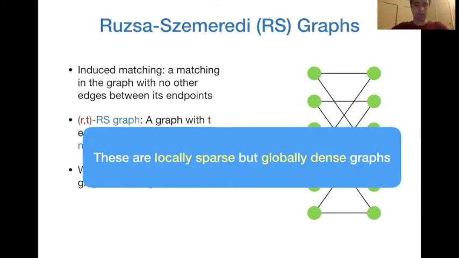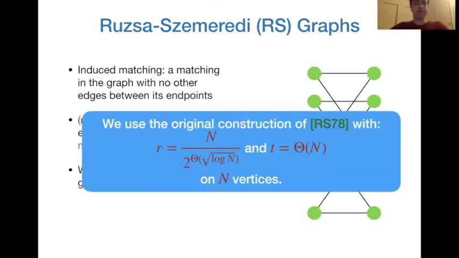Good. And in fact, we are going to use the following construction by Ruzsa-Szemeredi that gives matchings of size almost linear and an asymptotically linear number of such matchings. And now you'll see why we had that 2 to the square root log n term in our bounds.